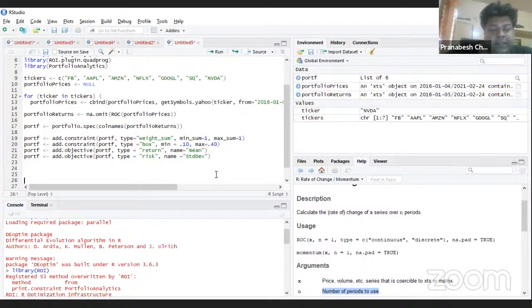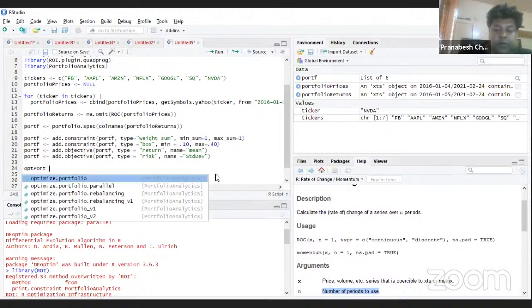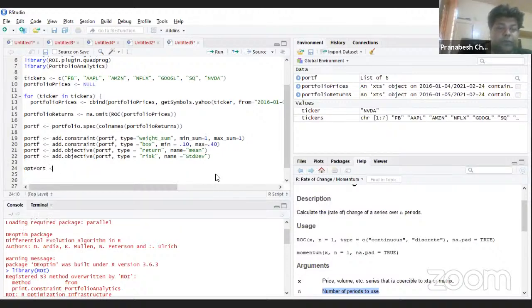Now the next step is I want to create my optimized portfolio. So let us create our optimized portfolio. How can we create it?